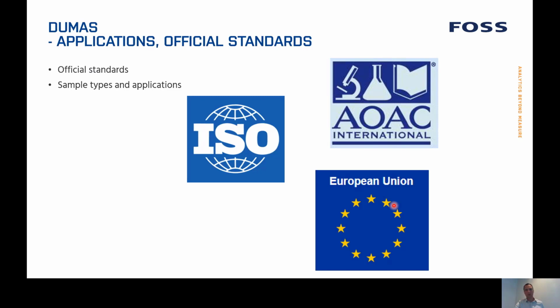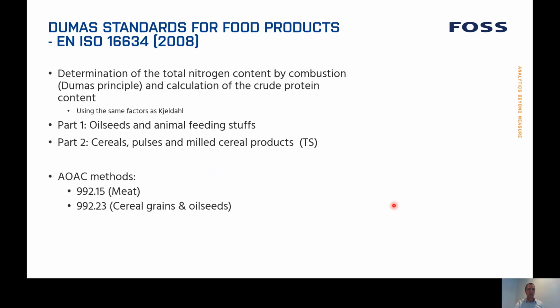And the Dumas method also has official standards, ISO and AOAC methods. I'm going to go through a couple of these. This is an example of an ISO standard for the Dumas measurement of oilseed, animal feed stuff and cereals, and the AOAC methods for meat and cereal grains.